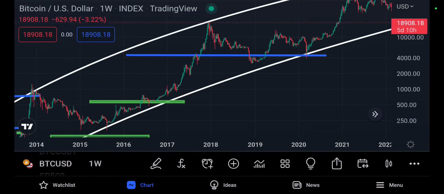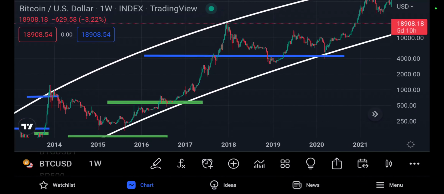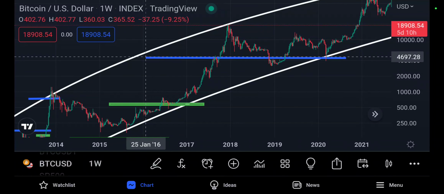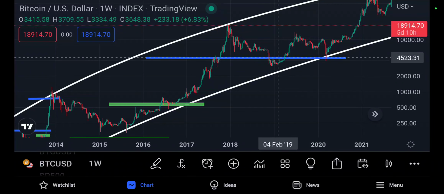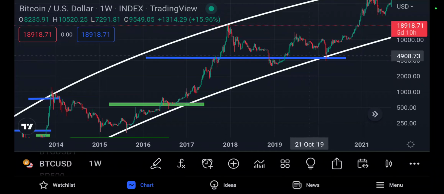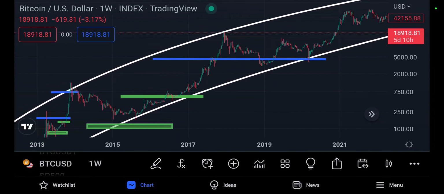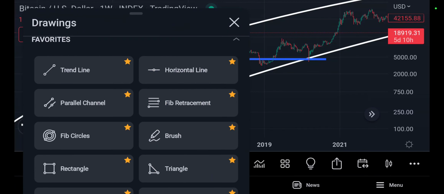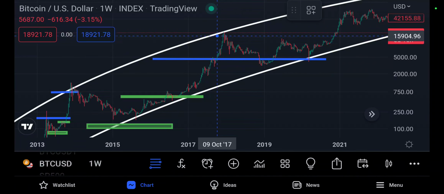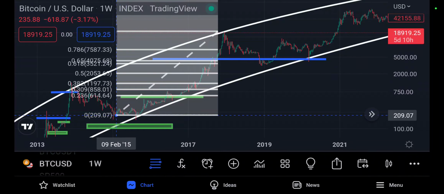So now everything is starting to paint a picture. And as you see, this target on the blue right here was technically the bottoms of the next market. So what I would do from here is take another Fibonacci from this top around $20,000, bring it all the way down to the bottom.